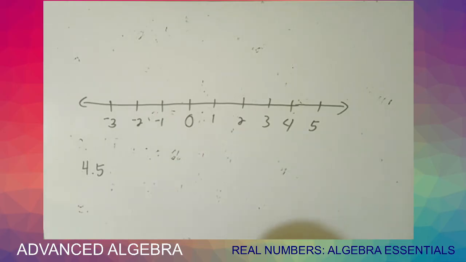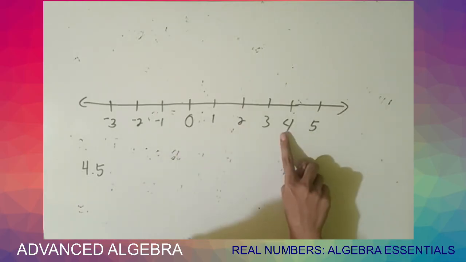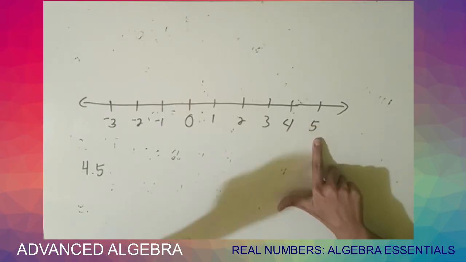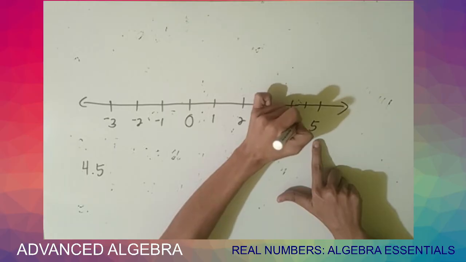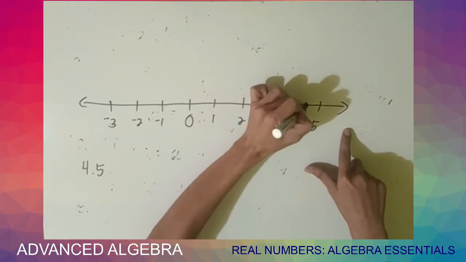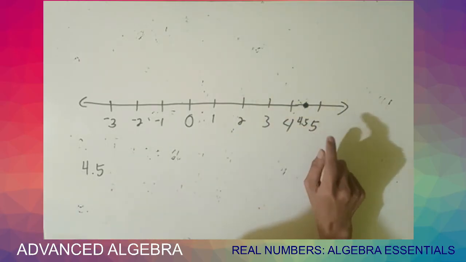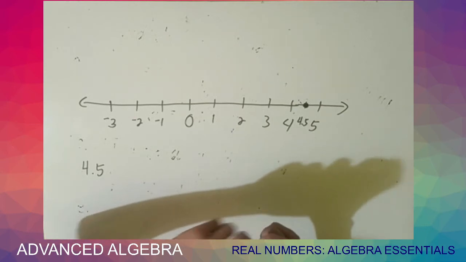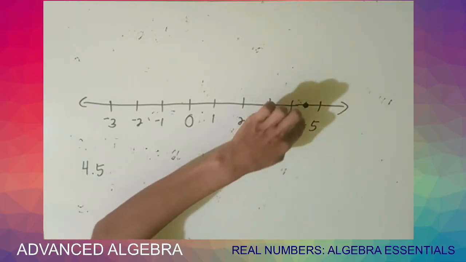So si 4.5, sabi ko kanina, sa pagitan siya ng number. So si 4.5 ay nasa pagitan ni 4 at saka ni 5. So pwede natin ilagay dito. Yan. So ito ay 4.5. So dun yung location niya. Dito. So lagyan natin ng point. So nandun si 4.5. Okay? So tatansyahin nyo lang kung saan siya.